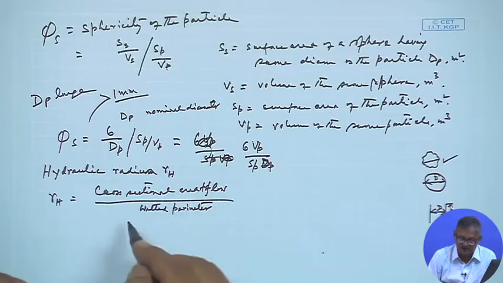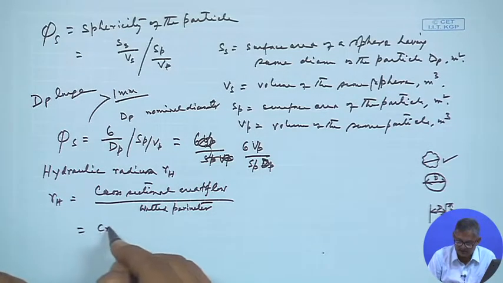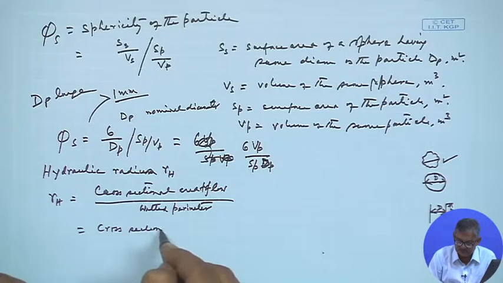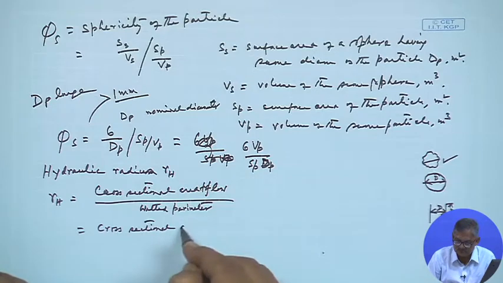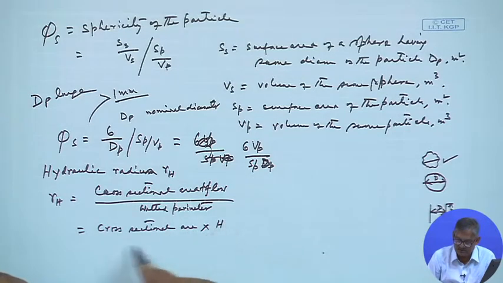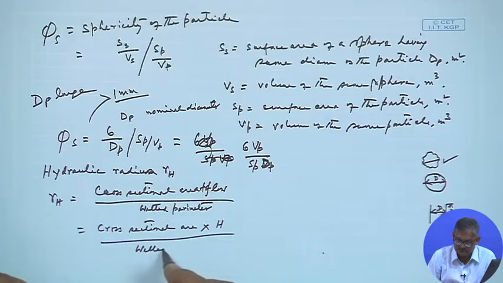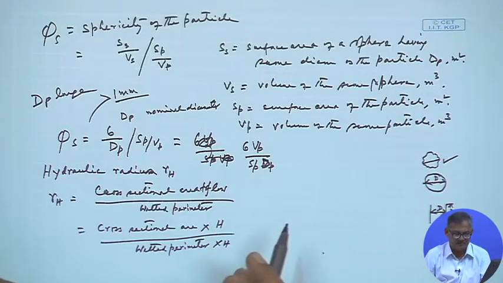right. So, this we can write as cross sectional area times capital H over wetted perimeter times H, right.